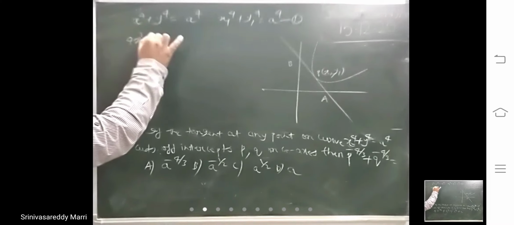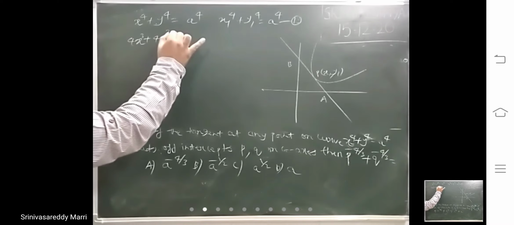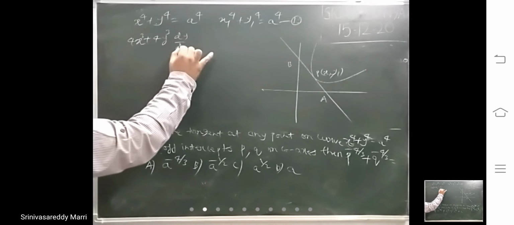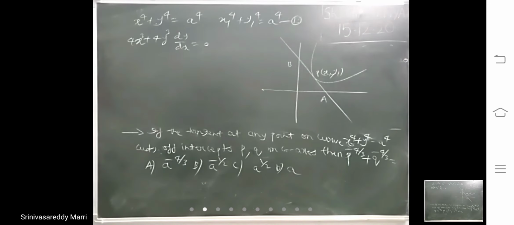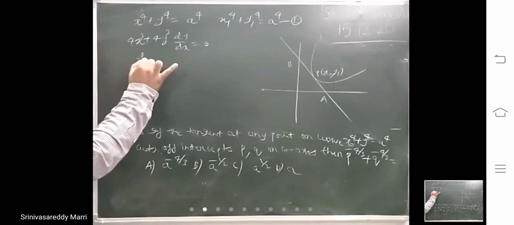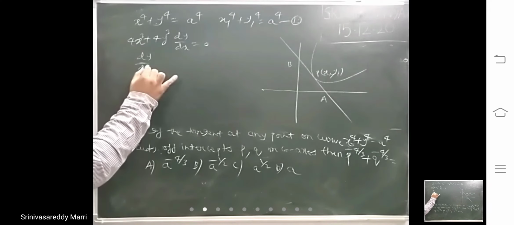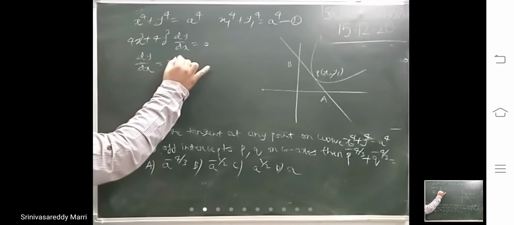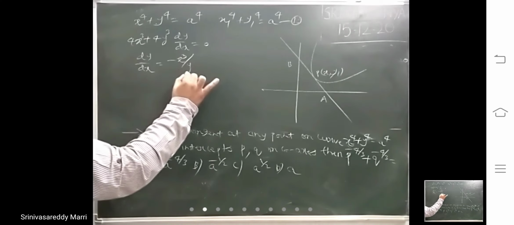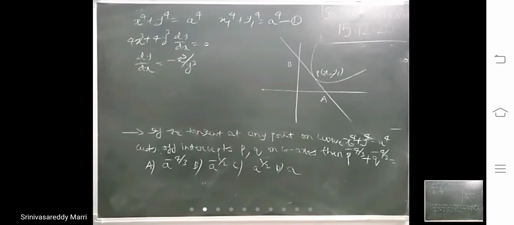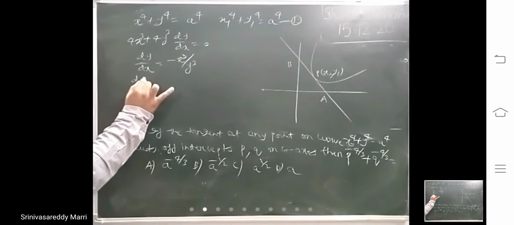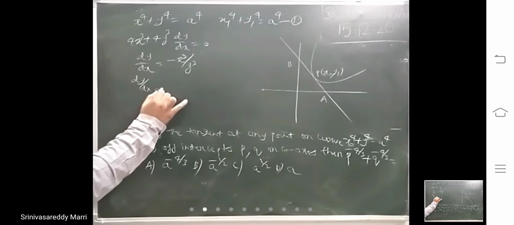Now find dy by dx. The derivative of this is 4x cube, the derivative of this is 4y cube into dy by dx, equal to 0. That means dy by dx is nothing but minus x cube divided by y cube. Now dy by dx at which point?